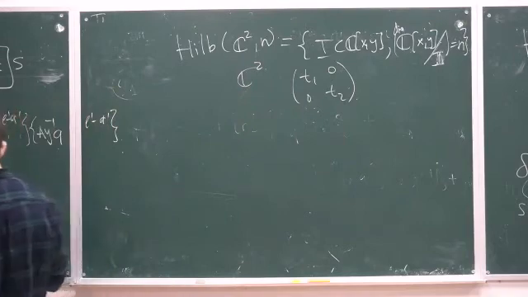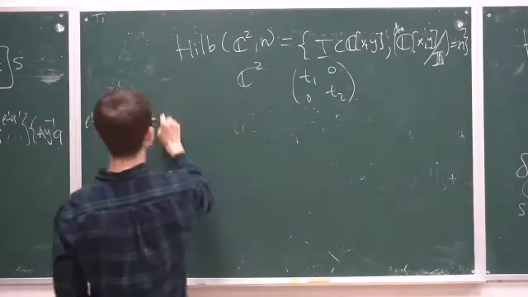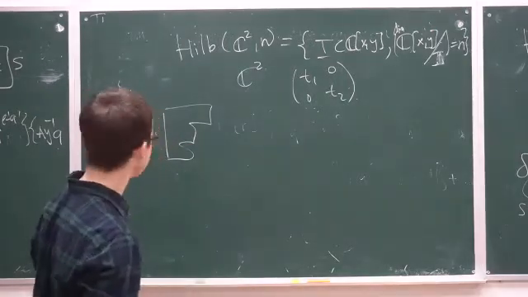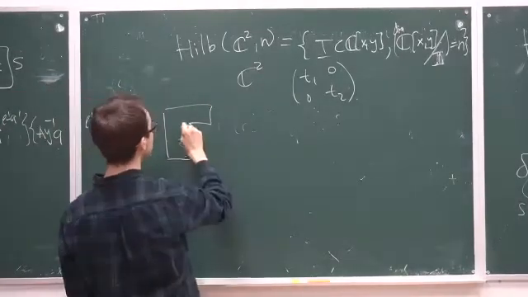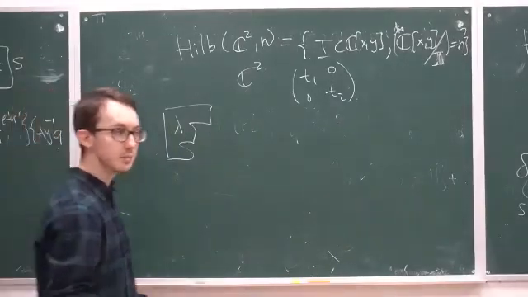Then fixed points with respect to this action. The fixed points for the Hilbert scheme are parameterized by monomial ideals. They are Young diagrams.